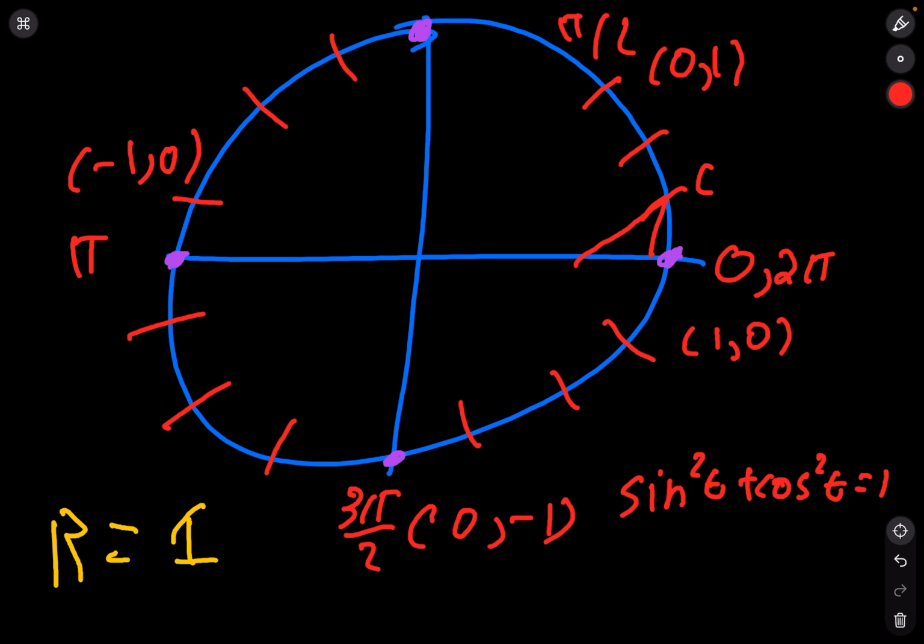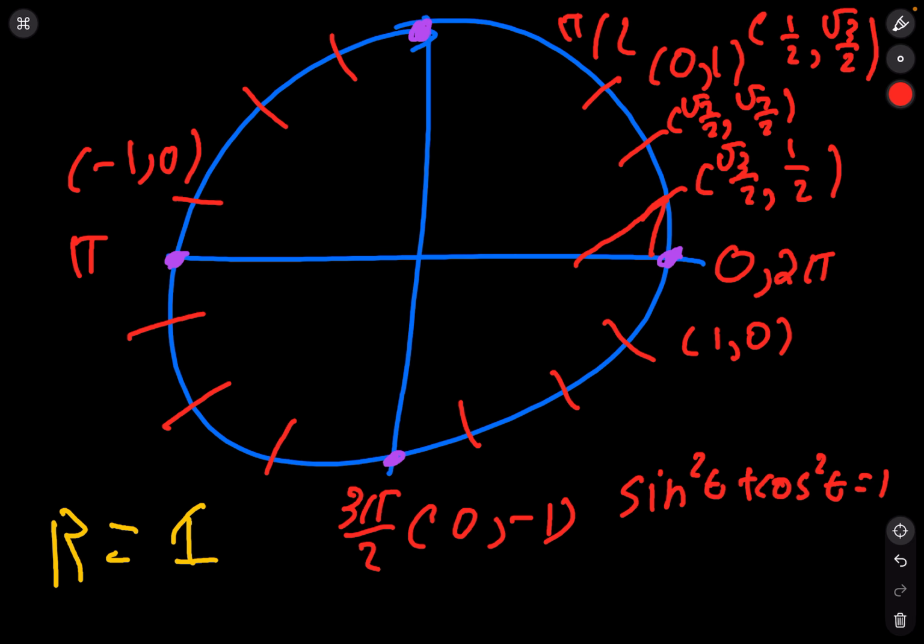So if you're good at pattern recognition, at pi 6, the whole idea is that you're just making a right triangle, because you have to acknowledge the fact that sine squared theta plus cosine squared theta is equal to 1.